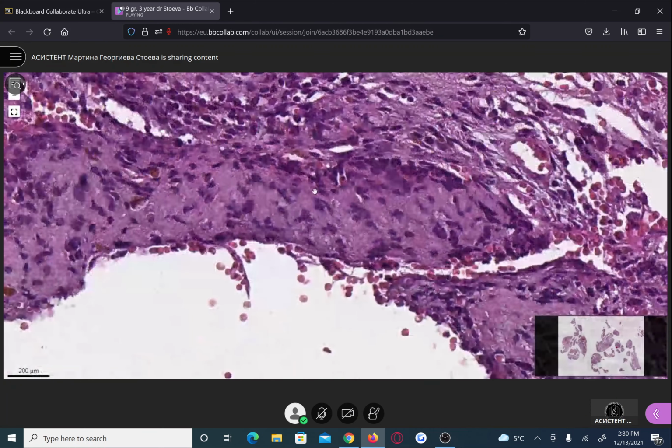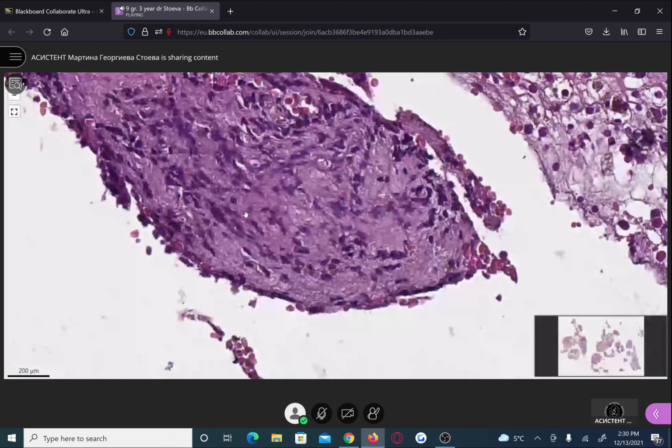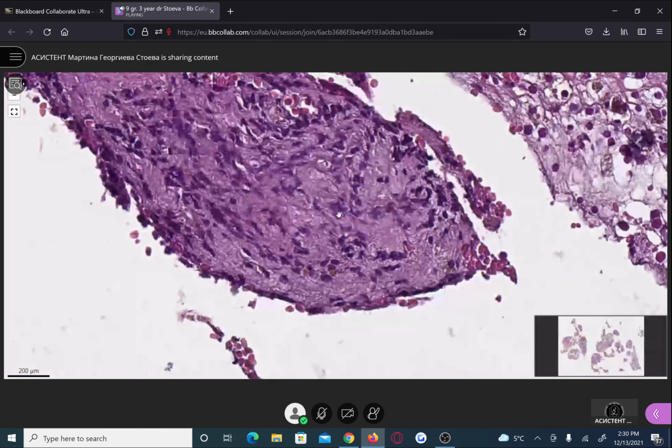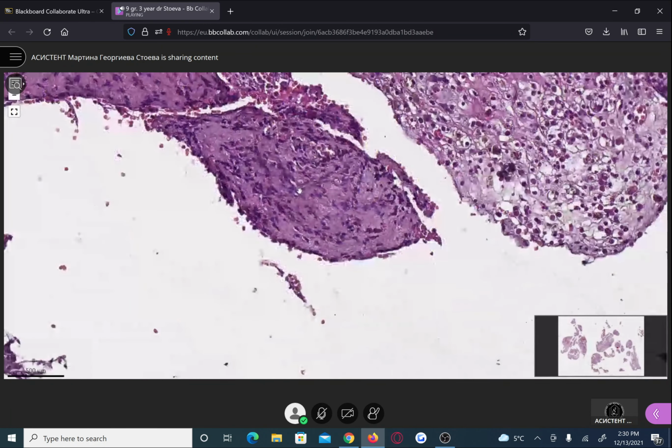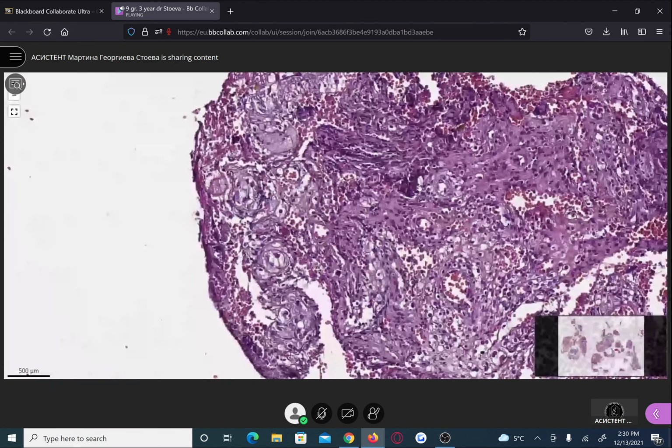So usually in the early formation of the granulation tissue, there are only a few areas with fibroblasts. But with time, these fibroblasts proliferate, forming more and more collagen. Finally, this collagen and the fibroblasts replace the whole granulation tissue.